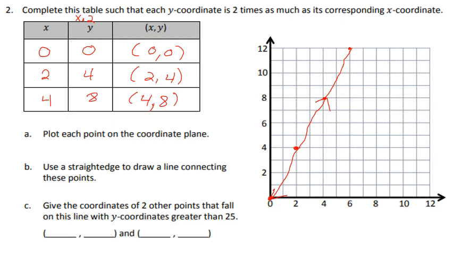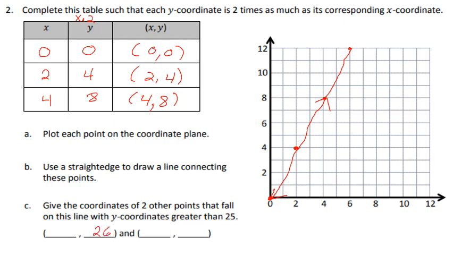Now for C, give the coordinates of 2 other points that fall on this line with y coordinates greater than 25. So basically, I need to multiply 2 times something to get an answer greater than 25. So I'm going to pick 26.